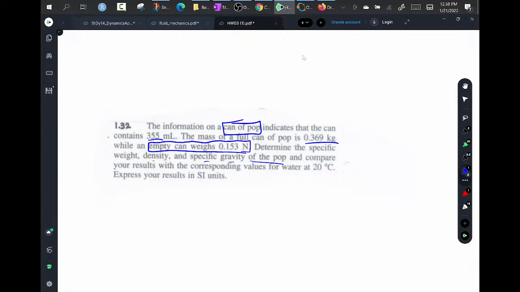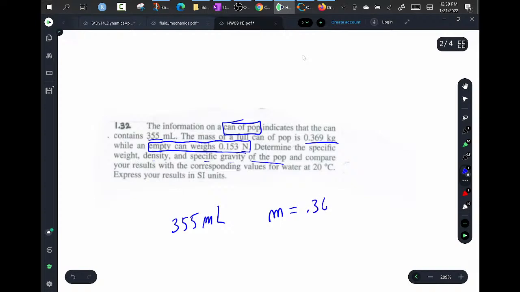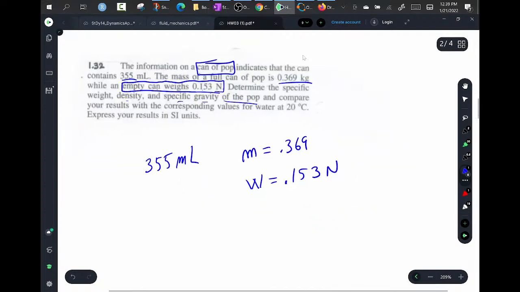The can of pop contains 355 milliliters. The mass of the full can of pop is 0.369. This is bizarre. While the empty can weighs, so the weight of the empty can is 0.153 newtons.